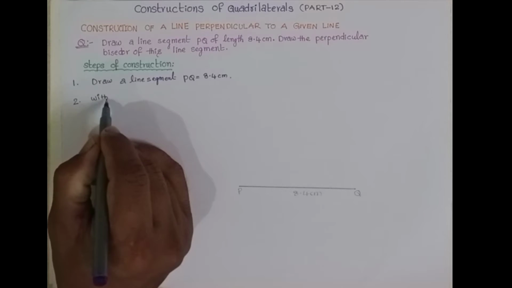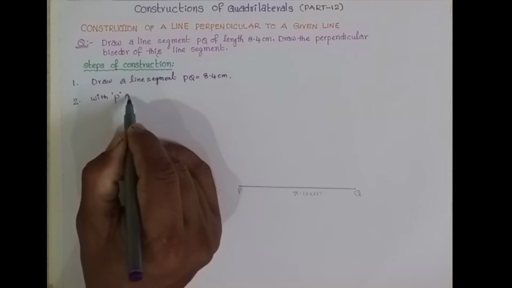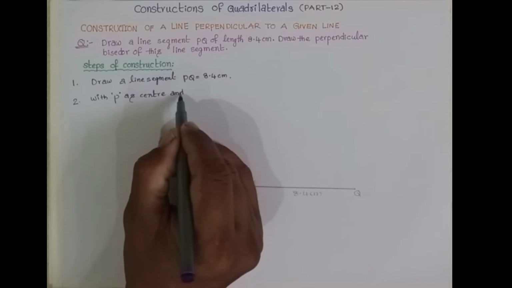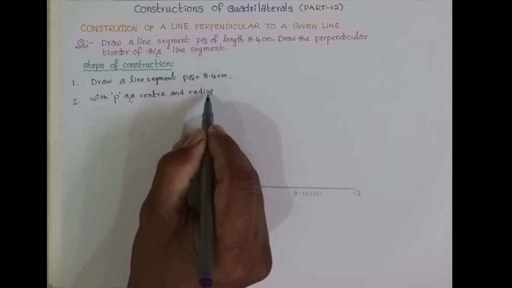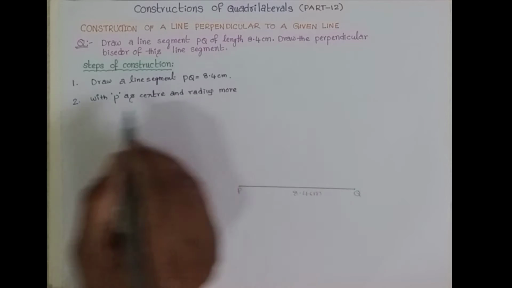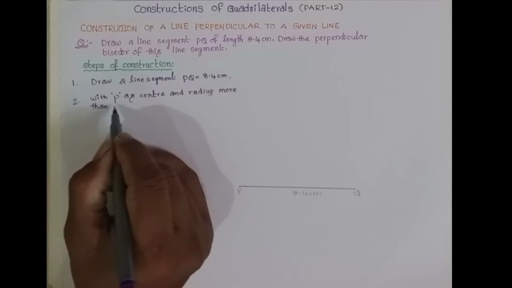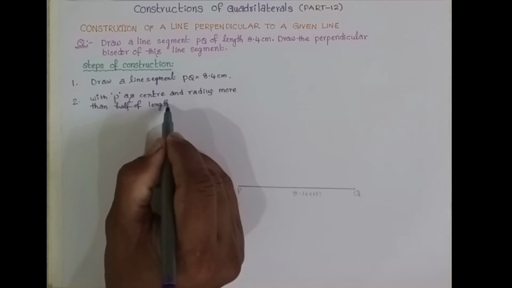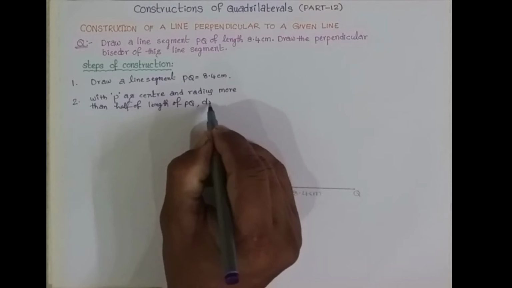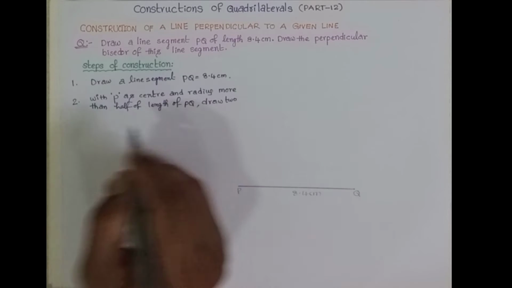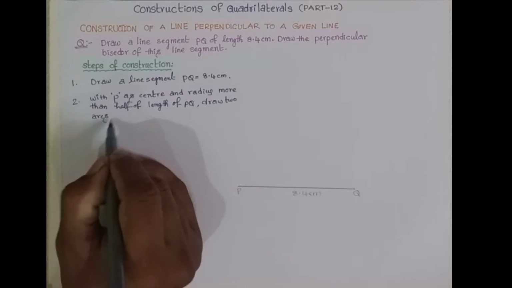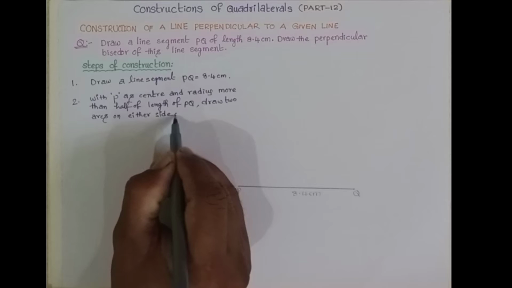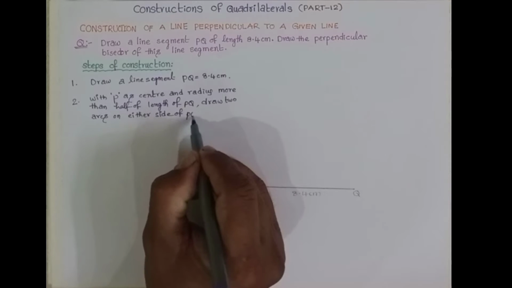With P as center and radius more than half of the length of PQ, draw two arcs on either side of the line segment PQ.